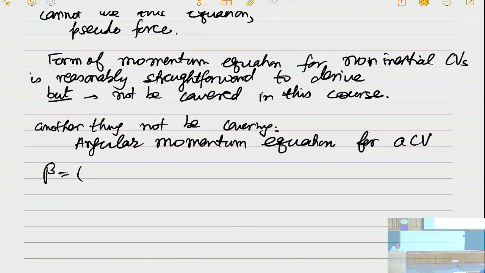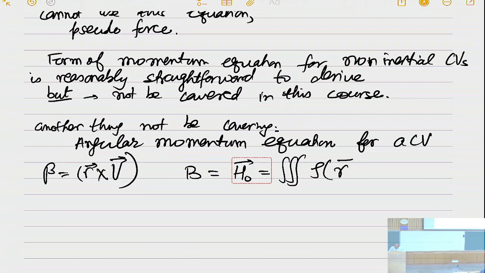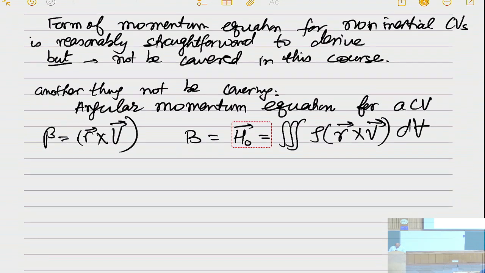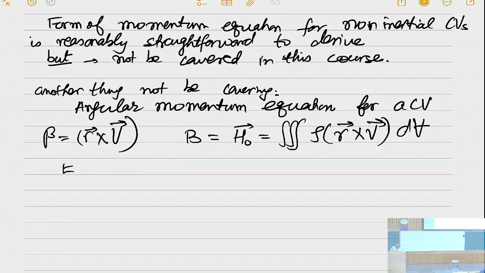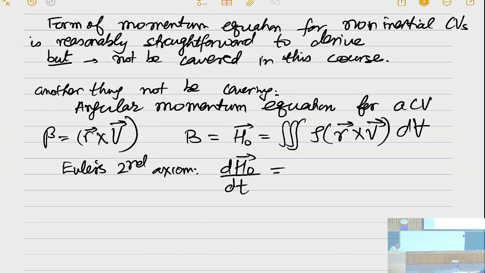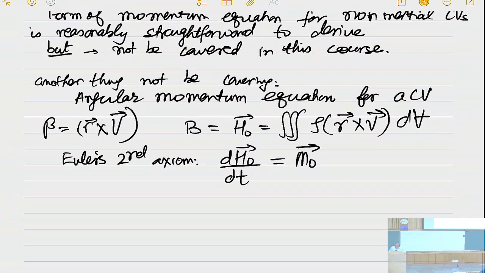And here we take beta equal to R cross V, and B will become H about O, which is equal to integral rho times R cross V dV. And we can use Euler's second axiom to get dHO by dt is equal to MO.